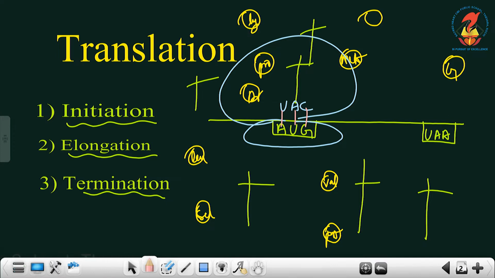So it's a very simultaneous process. So when you explain, you must say at the start codon what first comes? The small ribosomal unit. Then covering it comes the large ribosomal unit. Along with that, at the same time, what happens is the initiator tRNA having the anticodon UAC charged with the amino acid methionine comes and binds.